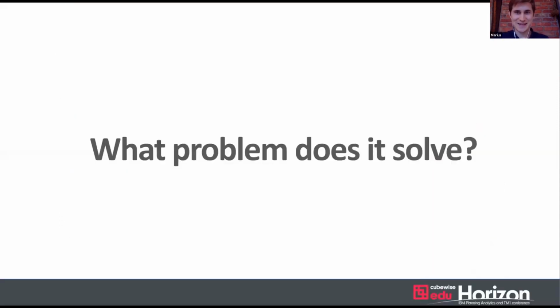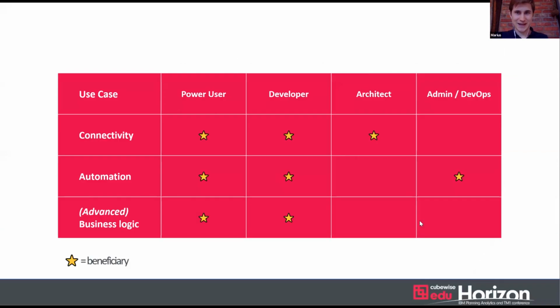Okay, let's make this more concrete. What problem do people solve with it? It enables you to do what exactly? Let me try to answer that question. Again, it depends a bit on who you are and what you do with TM1.